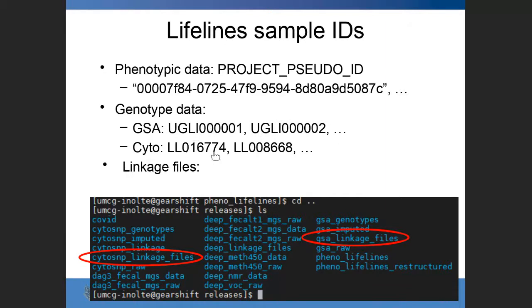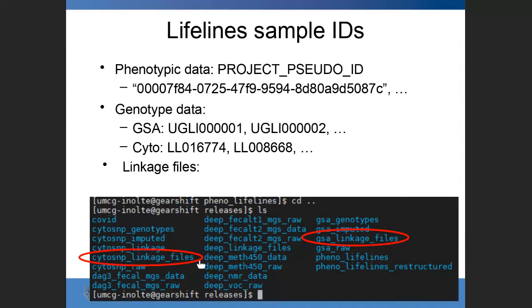And for the CytoSNP data, there are identifiers like LL016774, and so on. So you have to know which identifier is the same individual.